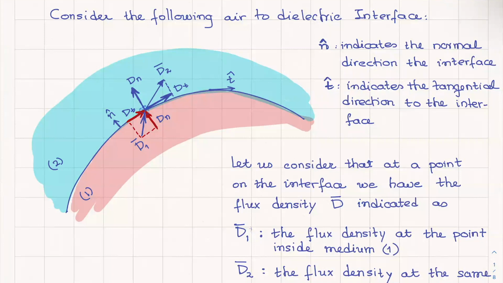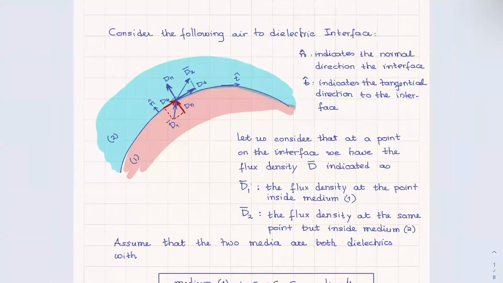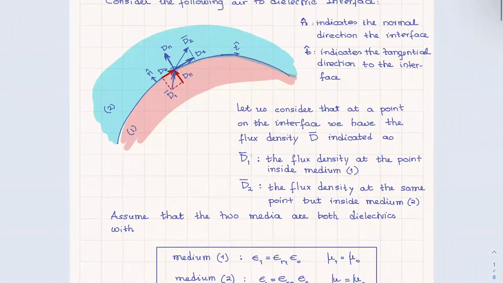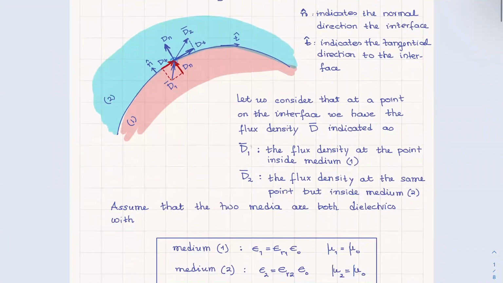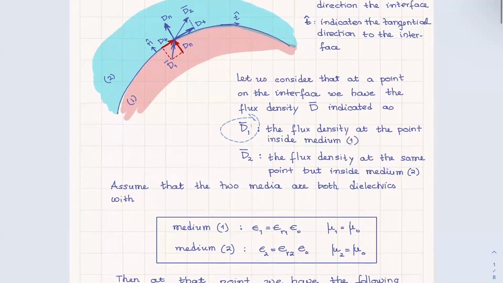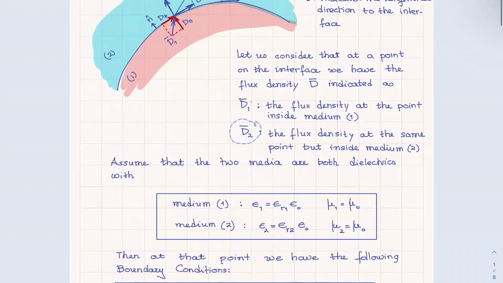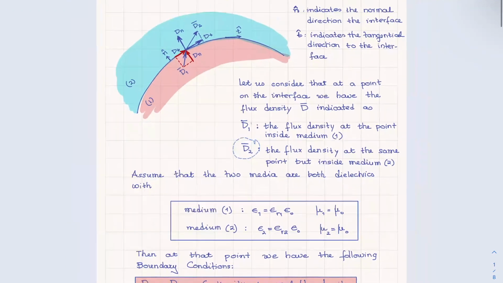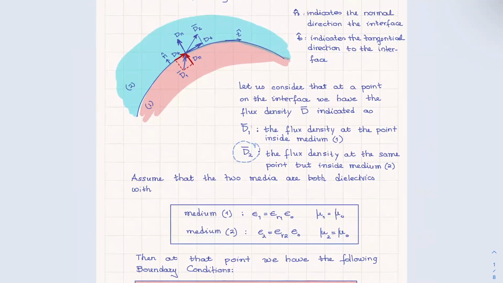And so what we have is, according to the boundary conditions for the dielectric interface, first of all, these are some definitions. D1 is the flux density at one point on the interface just inside medium 1. D2 is the flux density at the same point on the interface, but just above it, so medium 2. And then we characterize the two media 1 and 2 by two scalars.